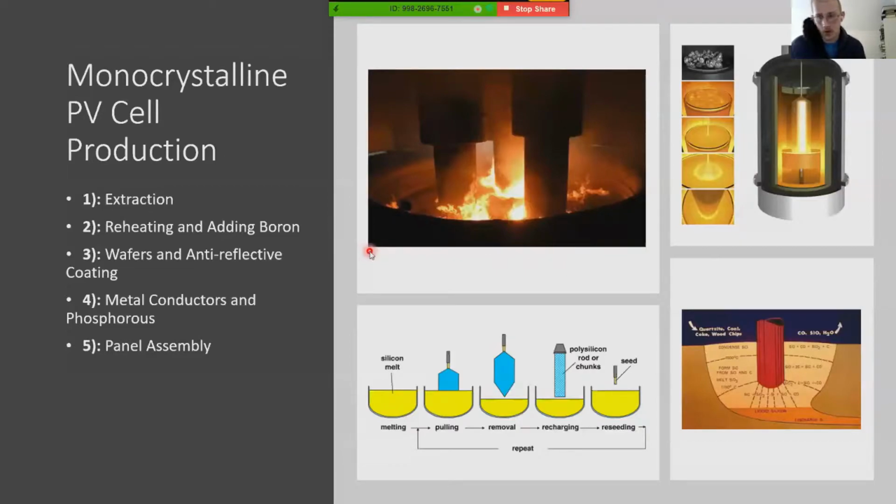I'll give you a quick rundown on PV cell production, and I'll just use monocrystalline as an example. So the first step is they extract quartz sand and put it into an arc furnace. If you want to see something wild, look these up on YouTube. It's like a fireworks display in a can.